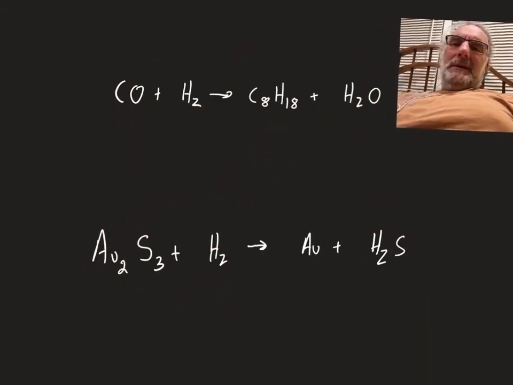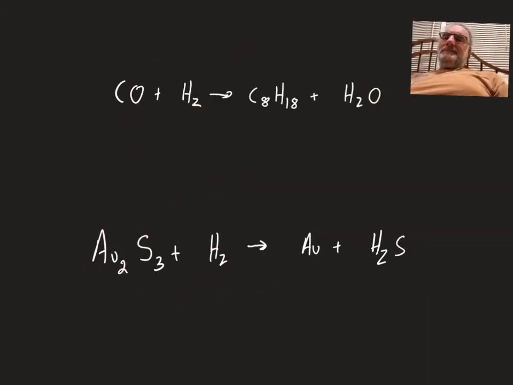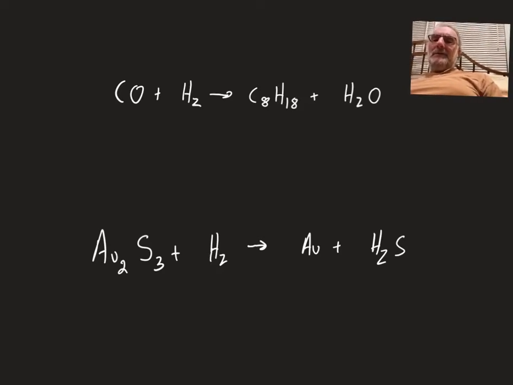And I'm going to start out with a video about balancing chemical reactions. So let's get going. I've got two reactions that I'll show you right now, and one method to balance these chemical equations.